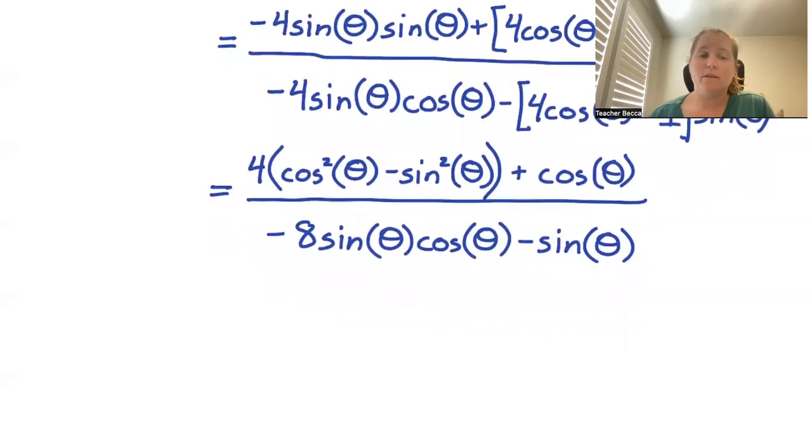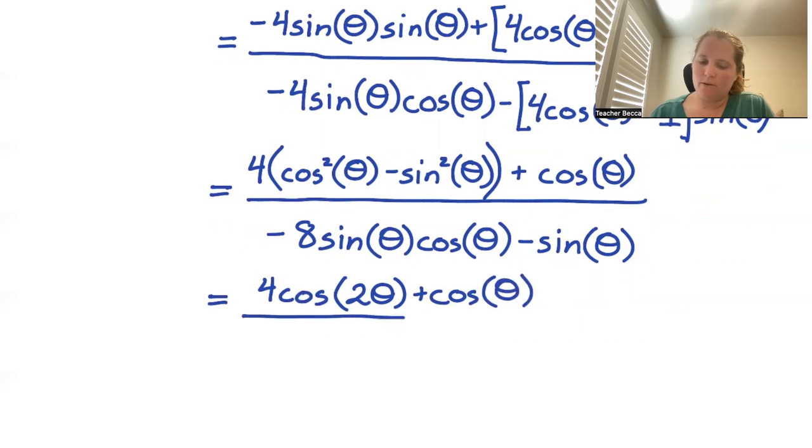If you wanted to do a little simplification, cosine squared theta minus sine squared theta is cosine 2 theta. So we have 4 cosine of 2 theta plus cosine of theta, all over -8 sine theta cosine theta, which is -4 sine of 2 theta.